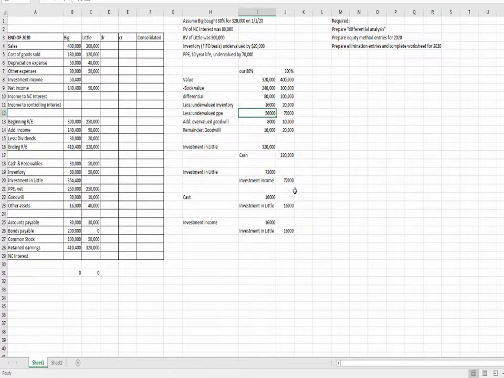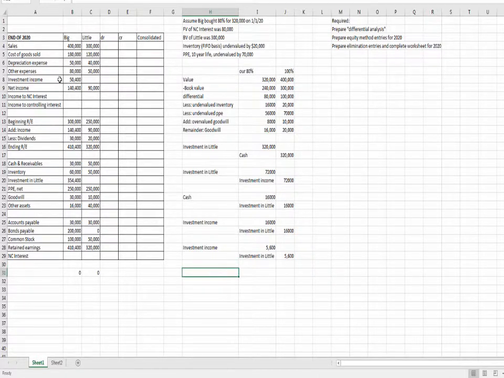Our share was $56,000. That's being written off over 10 years. So $56,000 divided by 10, $5,600. And again, that's going to be a reduction in our investment income, and it reduces our investment in Little. Okay.